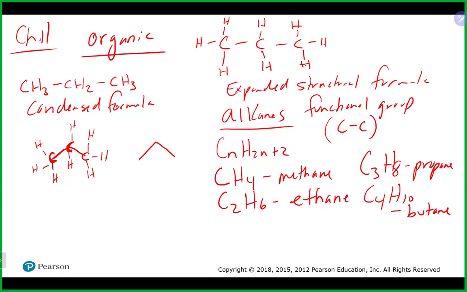We also talked about cycloalkanes, which are also alkanes with single bonds. The difference is they form a ring structure, and they have a general formula of CnH2n.